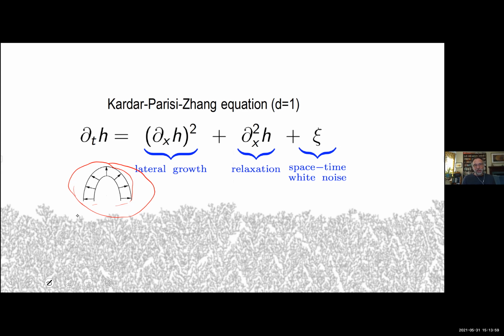And because it's locally a Brownian motion, always through the evolution for any positive time, of course, the (d_x h) squared term makes no sense. And so really this thing needs a kind of infinite renormalization. And well, I think everybody knows the story that Martin Hairer made sense of that.